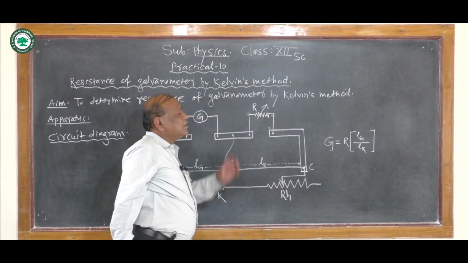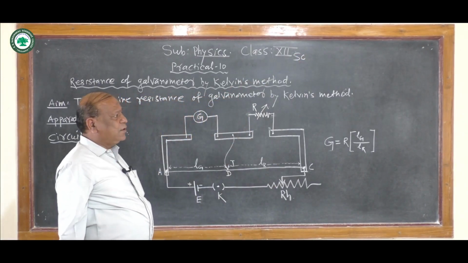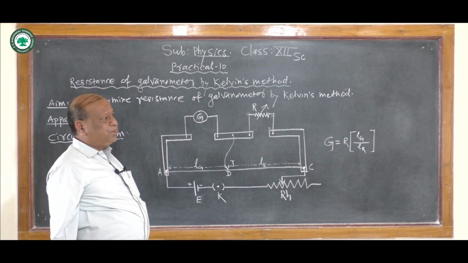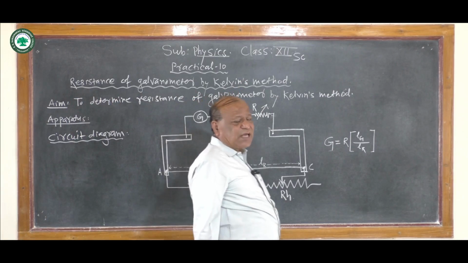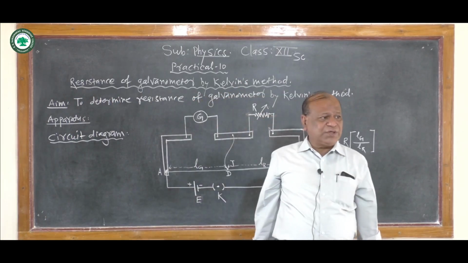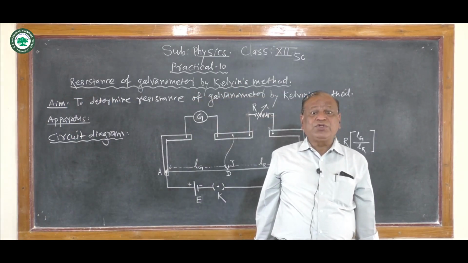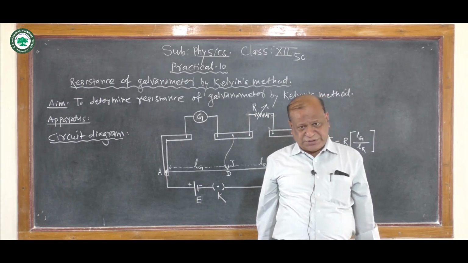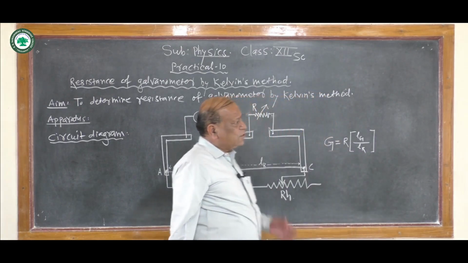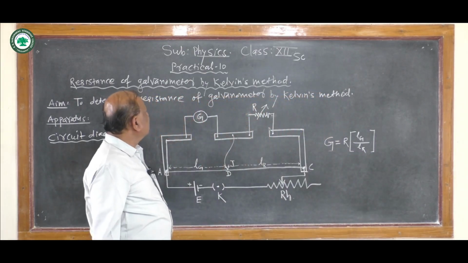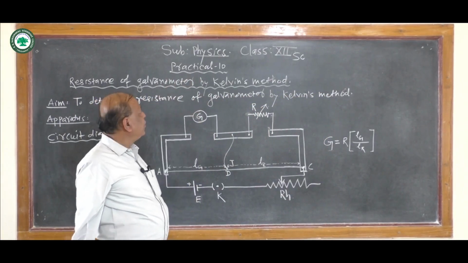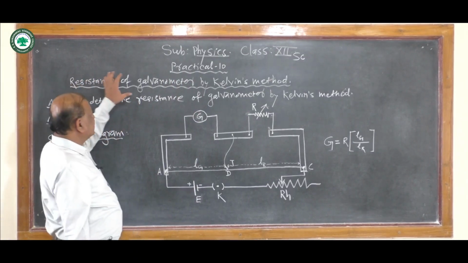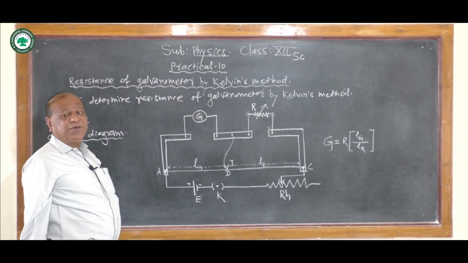In a previous practical, we saw how to verify the series and parallel combination of resistors by using Wheatstone's meter bridge. Now this experiment, practical number 10, is the resistance of a galvanometer by Kelvin's method.